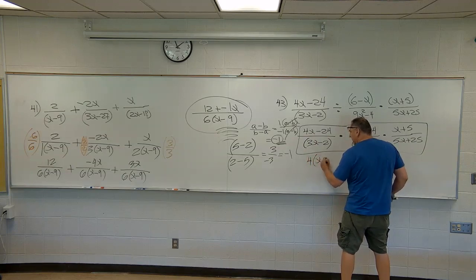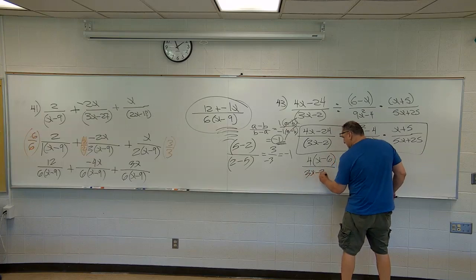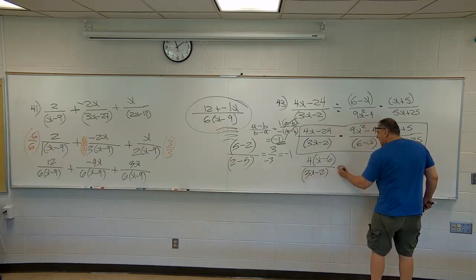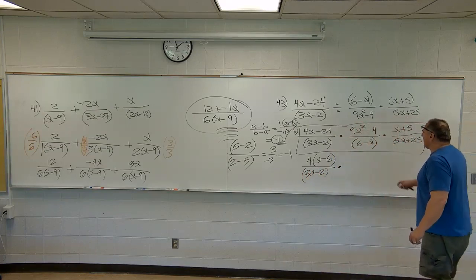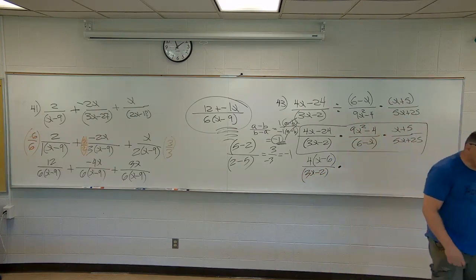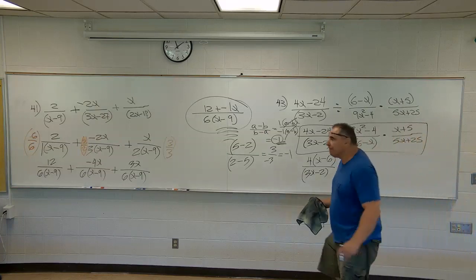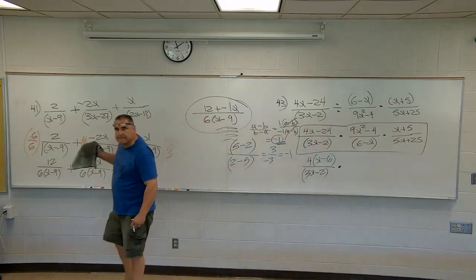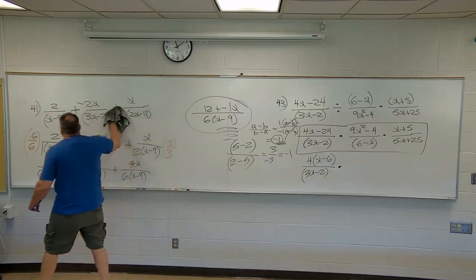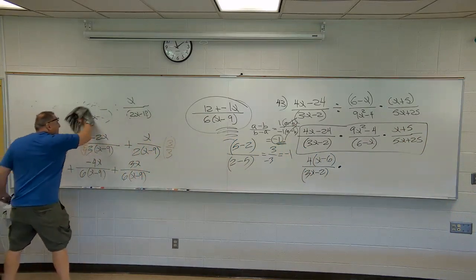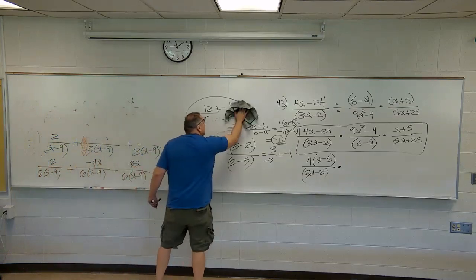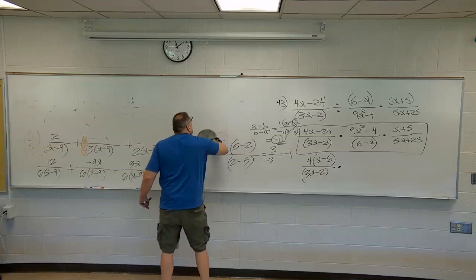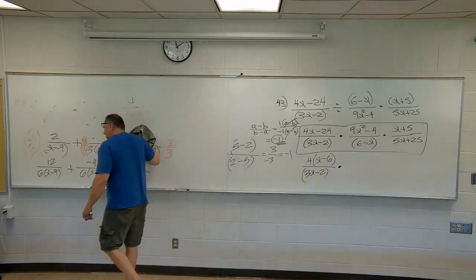This marker actually writes, it's quite a pleasant surprise. This is 3x minus 2. I can't really do much with that. This guy right here. Kind of take a look at that. See what we can do here.